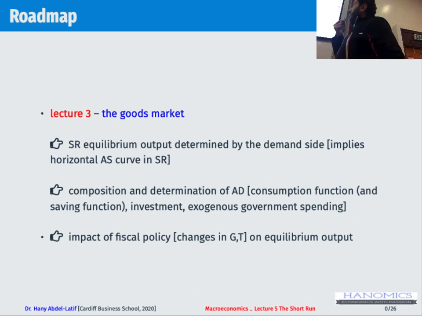We know now how fiscal policy works through changing government spending or taxes, which has an effect on the equilibrium in the goods market through changing the position of the aggregate demand curve.